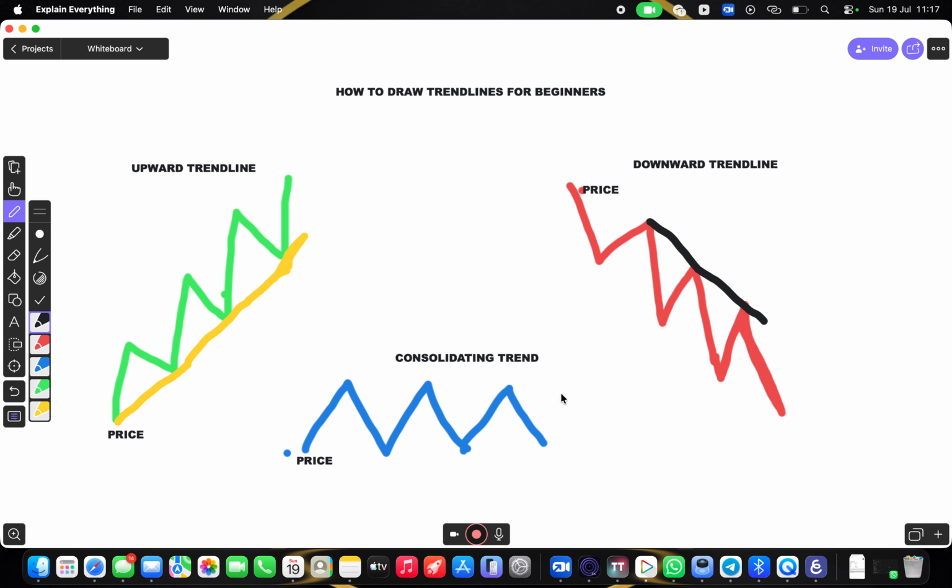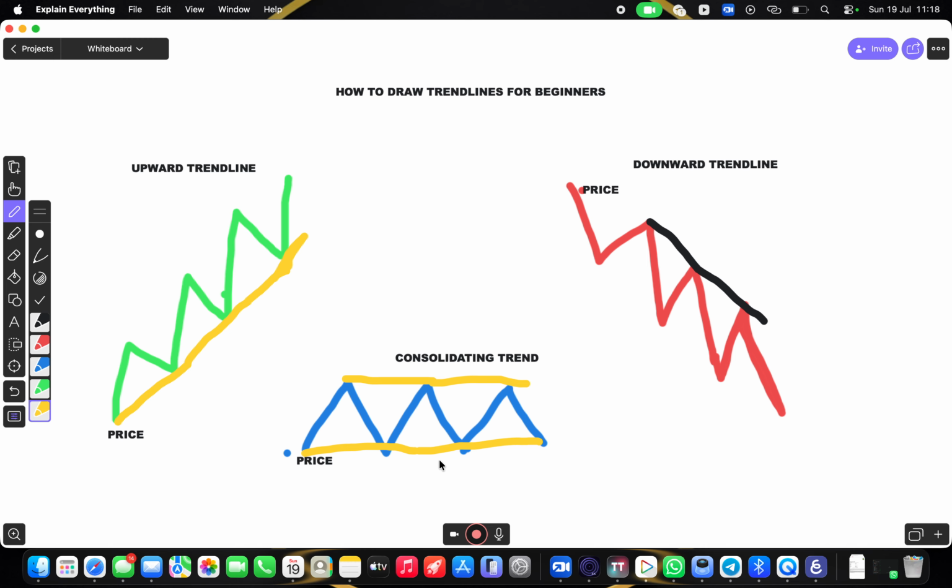And then if you're looking at a consolidating trend, you can either draw your trend line on top or down. So how do I do it? You come here, you connect the first point to the second point to the third point. Same as down here, first point, second point, third point, and fourth point.